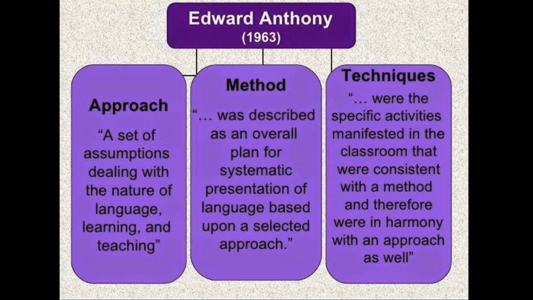Approach is a set of assumptions dealing with the nature of language, learning, and teaching. Once again, concentrate on the word. It is our thinking process, a set of assumptions about the nature of language, the nature of learning, how the learning is, how the teaching is.